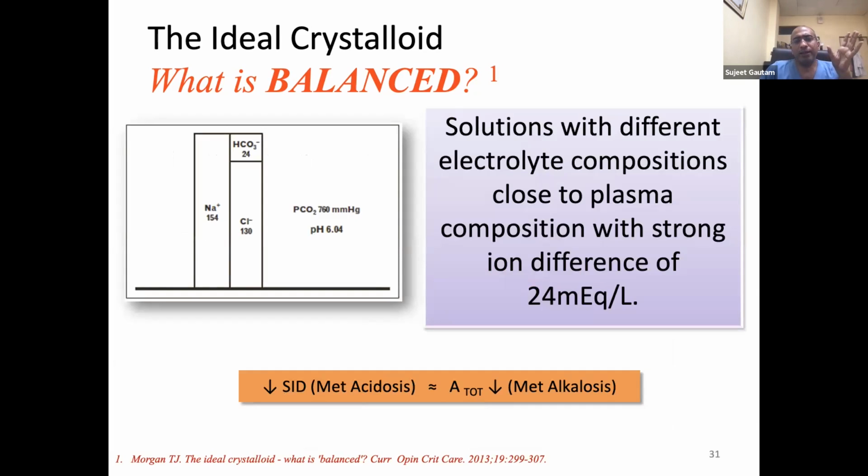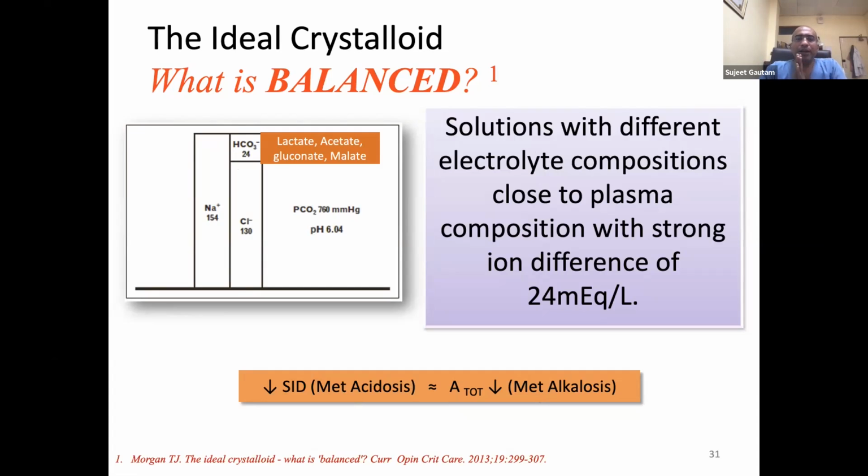If we consider saline as a base from which balanced salt solution is being prepared, then simply it has been found that if 24 milliequivalents of chloride are replaced with 24 milliequivalents of bicarbonate or bicarbonate substitutes like lactate, acetate, gluconate, or malate, the decrease in SID which this balanced salt solution is going to make balances the decrease in weak acid concentration.